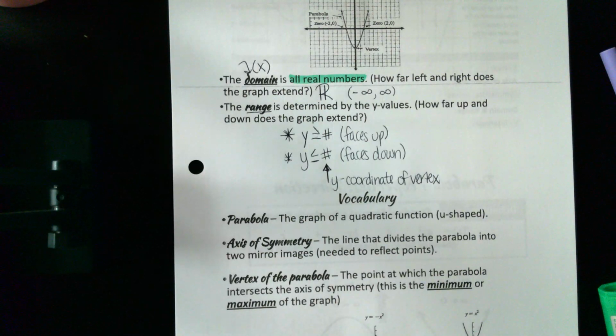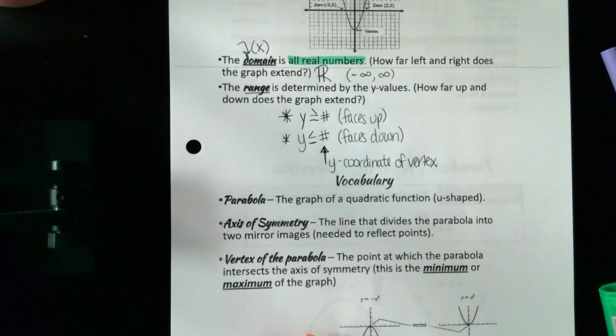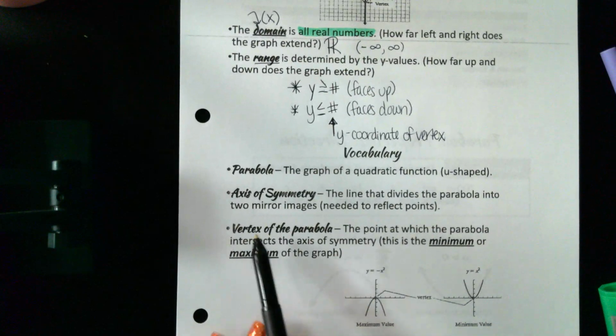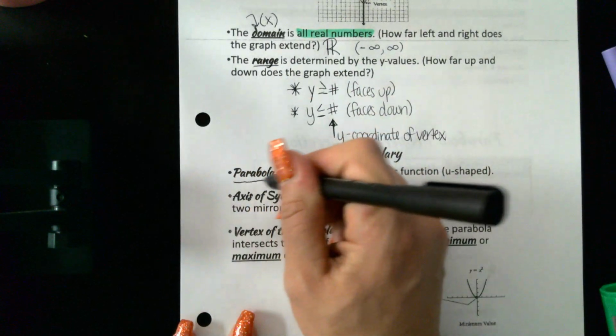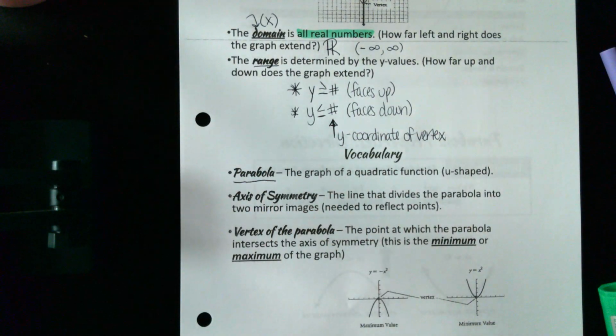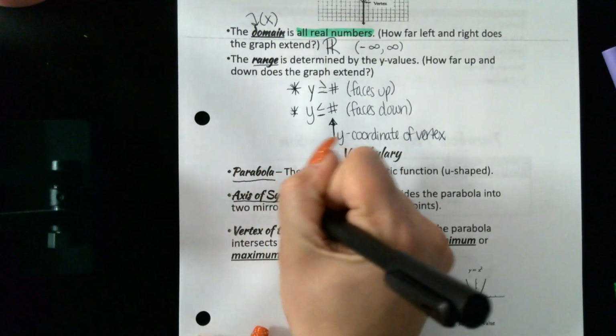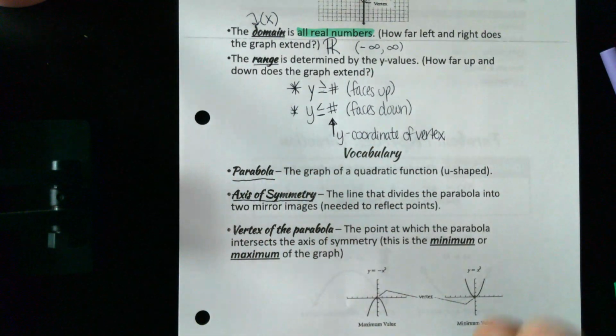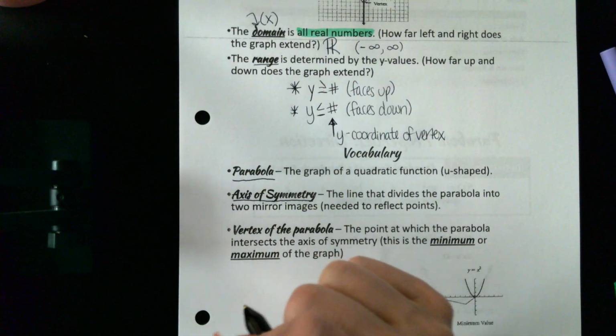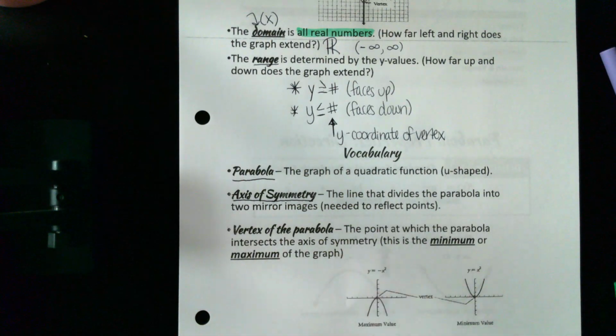All right, then down here at the bottom, they tell you this word parabola again. That's just the shape of the graph. That's what we call any U-shaped graph, a parabola. And your axis of symmetry, if you think about shapes that are symmetrical, what that means is if you were to draw a line down the center and fold it over, they'd be mirror images of each other.